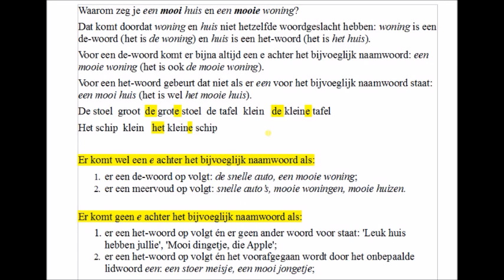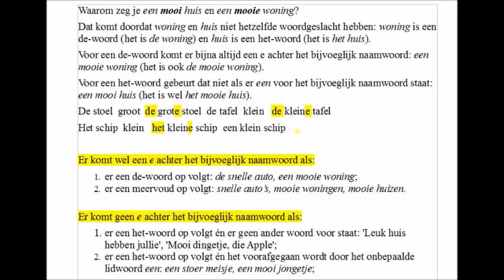Okay, but now, the trick is: why do I put an e with a het word? Because we have this de and het here in these sentences. But when I say "een klein schip", no e, because we make it "een".